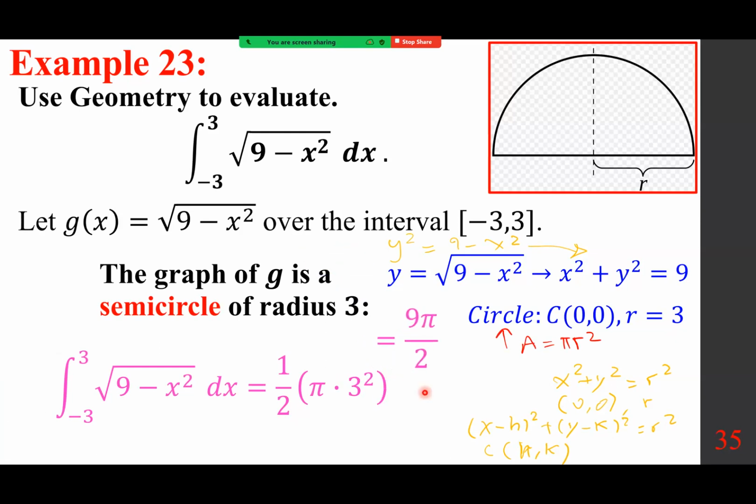And you keep it as such because this is an exact answer, everybody. This is an exact answer and you want to keep it. So what happens is that if you have a geometric shape, it works. But what if it's not a geometric shape? Then you have to go with FTC, which is going to be discussed shortly.